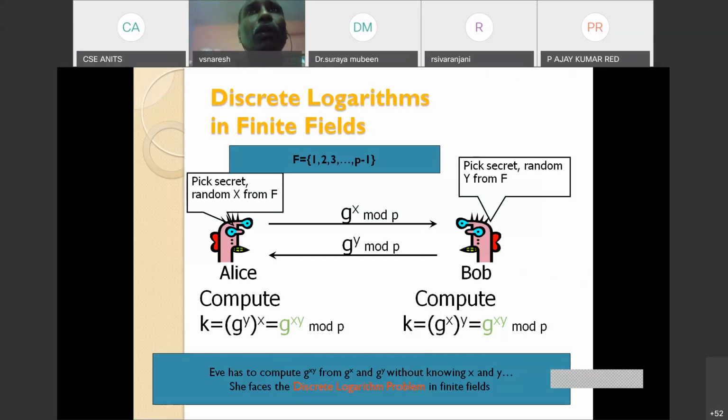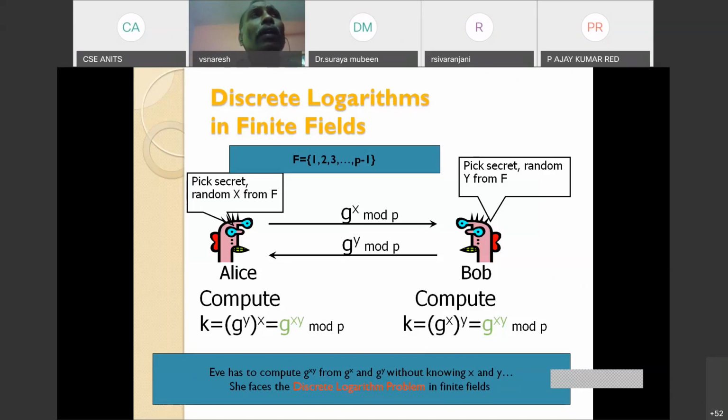Alice takes small x as private, known to Alice only. Small y is private to Bob, known to Bob only.